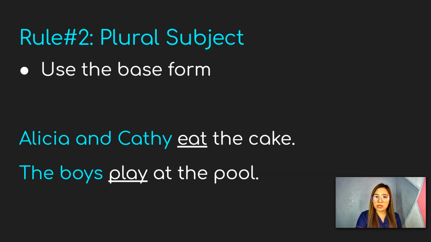And those two subjects or names are Alicia and Kathy. Next, the boys play at the pool. For this second sentence, our subject is the boys, and the boys is plural. That is why we are going to use the base form of the verb.